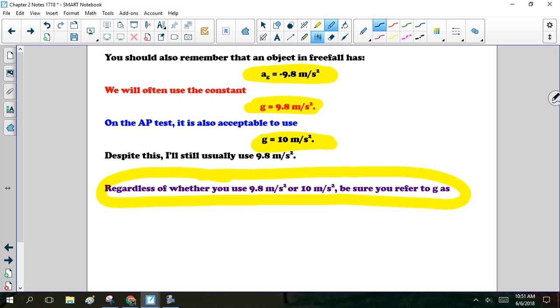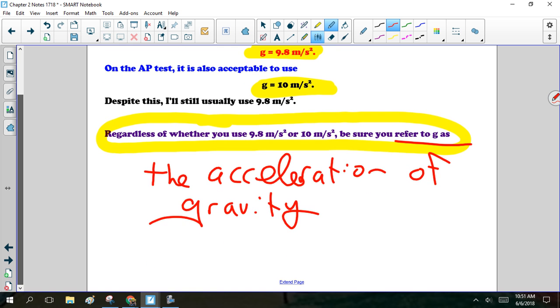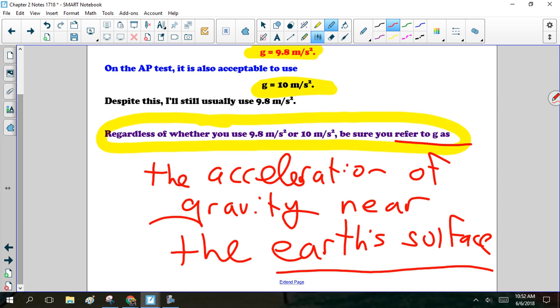Refer to g as the acceleration of gravity. Now we're getting warmer. Is that always the acceleration of gravity? No, that is the acceleration of gravity near the Earth's surface. And unless a problem says otherwise, you can always assume that this is where problems take place.